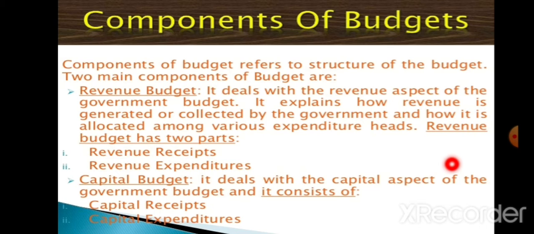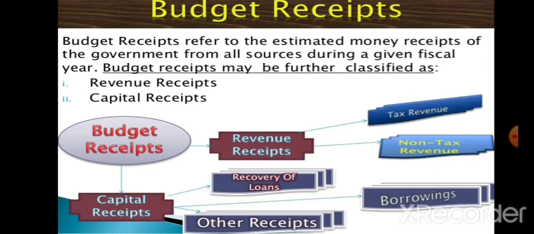In capital budget, all types of capital transactions like capital receipts and capital expenditure are included. And in another way, the budget receipts and budget expenditure. In budget receipts, all types of receipts are included, either revenue receipts or capital receipts. And in budget expenditure, both types of expenditures, revenue expenditure and capital expenditure, are included.